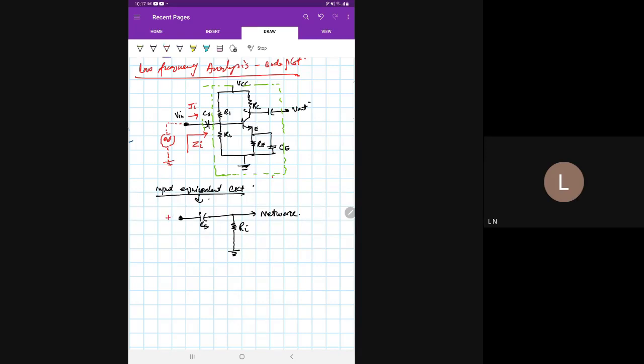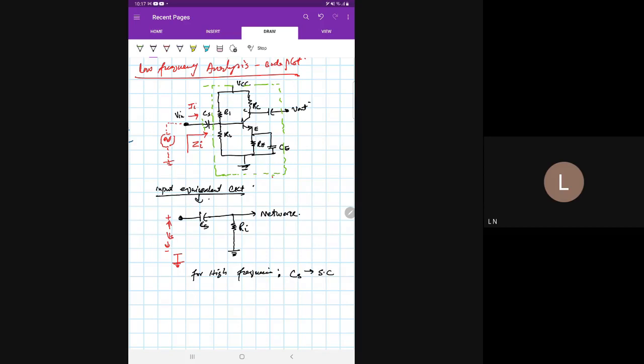And we know that between these two points, we connect a source voltage. Now see, for high frequencies, the CS capacitor will be short circuited.